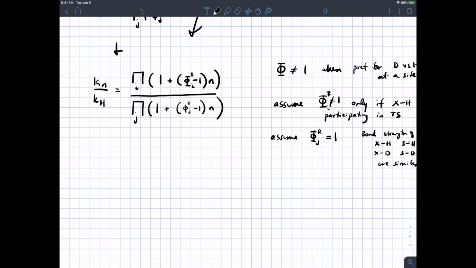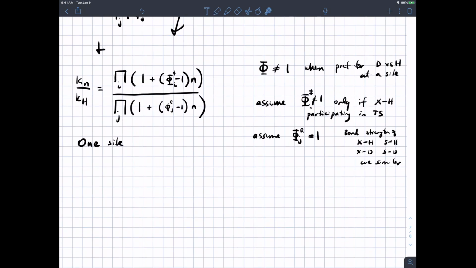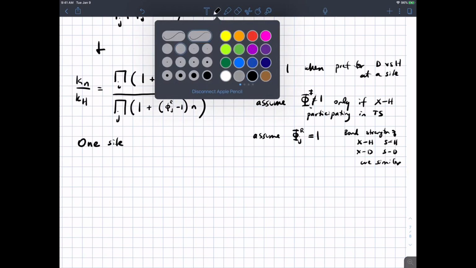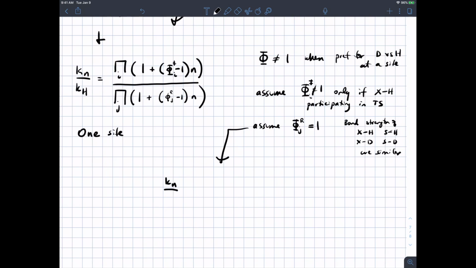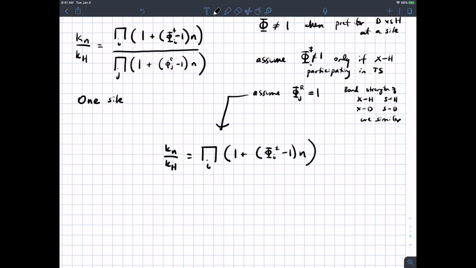All right, so let's look at how this equation would look if we only have one site. If we make the assumption that all of the fractionation factors in the reactants are equal to 1, this whole denominator goes to 1. So our equation simplifies a lot to the product of 1 plus the fractionation factor for site i in the transition state minus 1, times n, where n is the composition of our solvent.